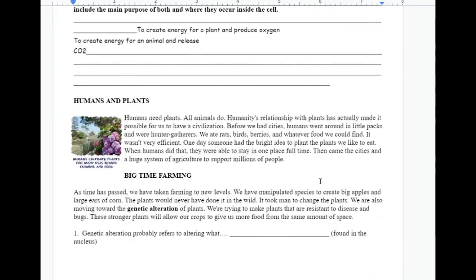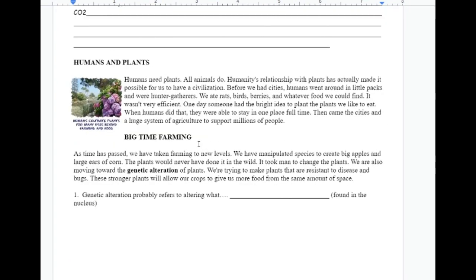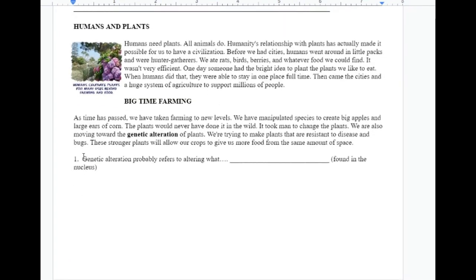Now we get down to the last question. Because I'm recording, I don't really want a little bit. As time passed, we have taken farms to new levels, and this is what's happened with genetic alterations. Like you look at tomatoes, you can have cherry tomatoes that are super small, grape tomatoes, then regular tomatoes, round tomatoes, cylindrical tomatoes.